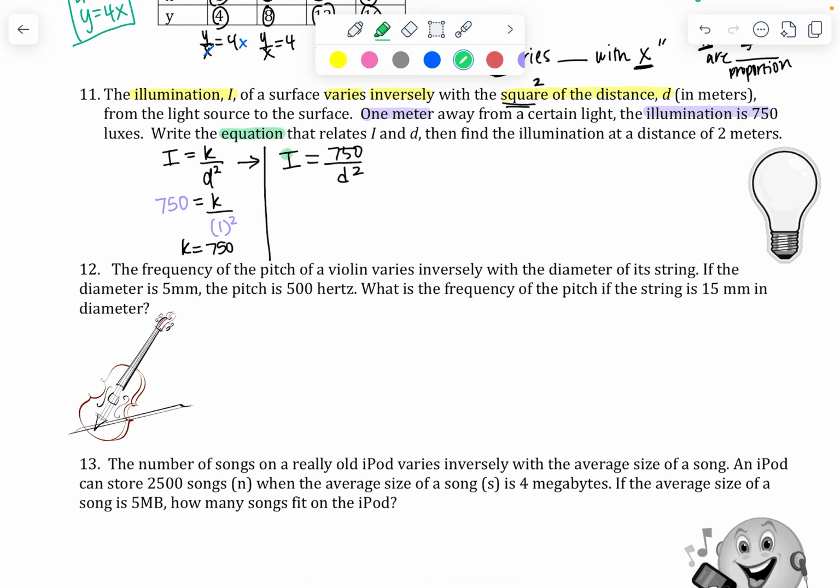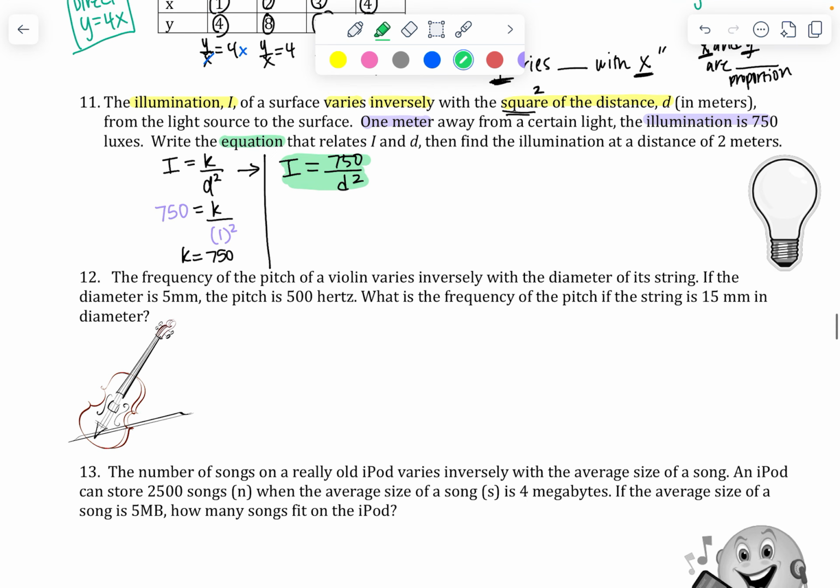Step 2, write an equation that relates I and d, which we just did. Sometimes they just want the equation. In that case, you're done. Then find the illumination at a distance of 2. Okay, and so this time we're finding illumination when distance is 2. And so 2 squared is 4, and then dividing 750 by 4, we get 187.5.